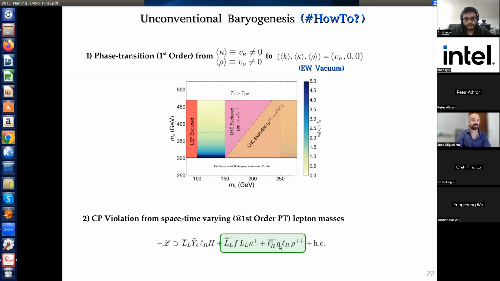And these Yukawa couplings are not very small, because although they enter into the neutrino masses, the neutrino masses are very suppressed by the loops. So these Yukawas are maybe 10 to the minus 1, 10 to the minus 2, something like this. So you end up having something similar to what you would have in a normal electroweak baryogenesis setup, but with these leptons rather than with the quarks, say the top or the bottom. These are the usual charged leptons, but their Yukawas with these fields are large, not very small, and potentially CP-violating. So you could do baryogenesis in this way.